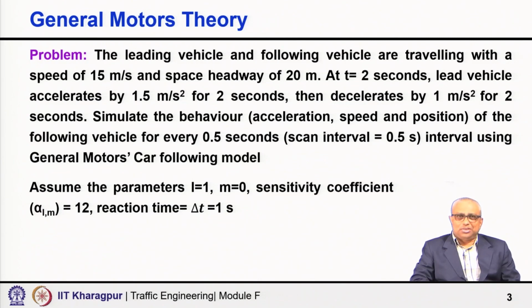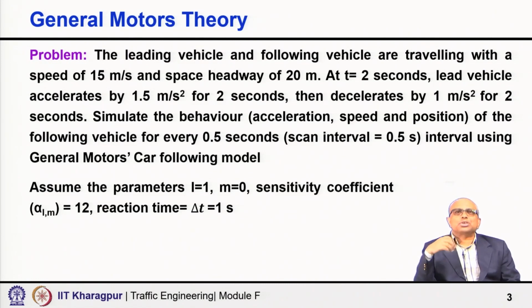Behavior means the response in terms of acceleration, speed, and also the position of the following vehicle for every 0.5 second interval. So, every 0.5 second interval we want to update. You can also call it a scan interval.